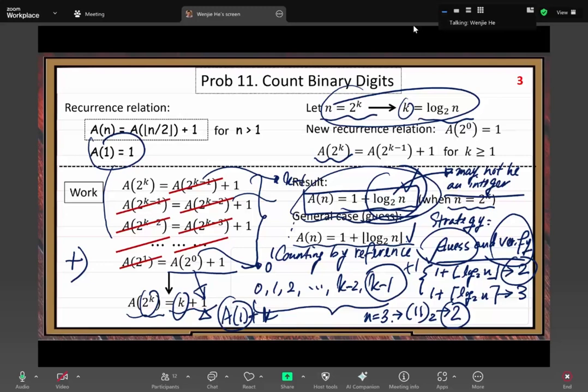So there is a powerful tool to prove it.